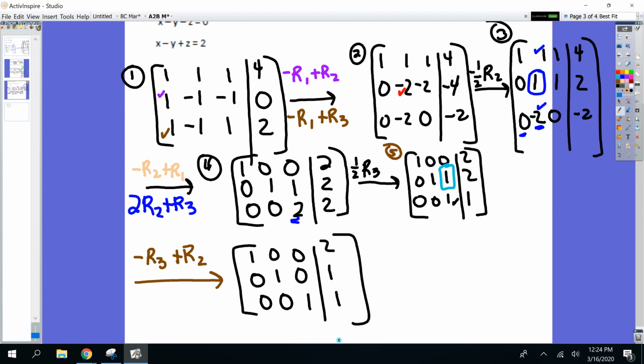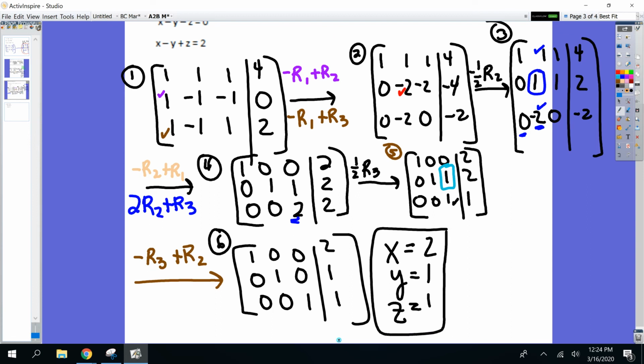Whew. 6 matrices later, we finally got it. Okay, so my final answer here, x equals 2, y equals 1, and z equals 1. Patience is the key, everyone. Patience is the key. All right.